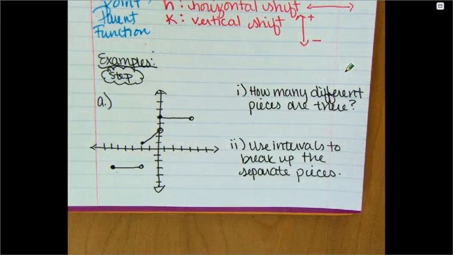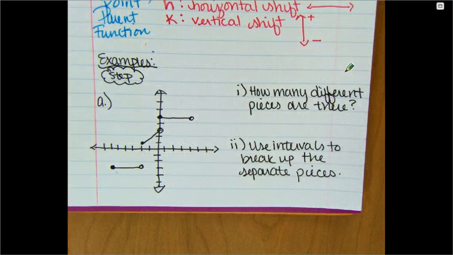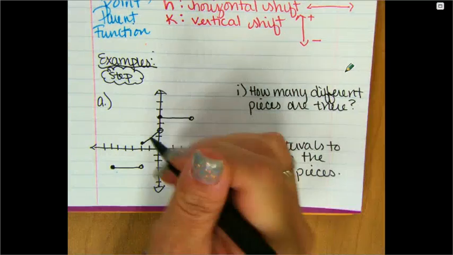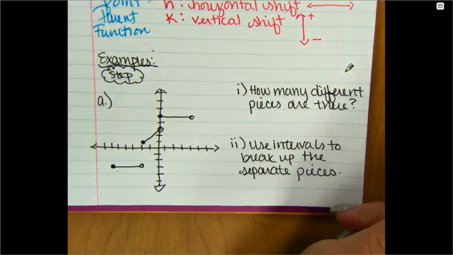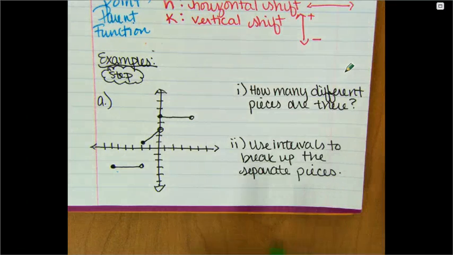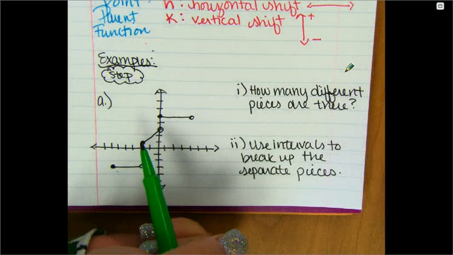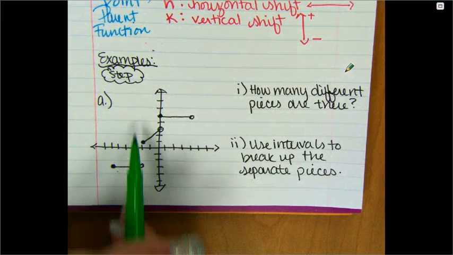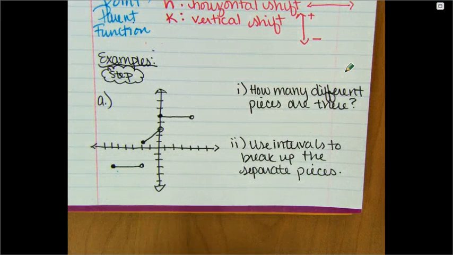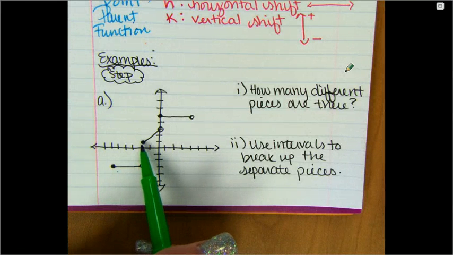Remember I said step looks like a staircase in a way. Think of it as a staircase. There's steps kind of going along the way. I do have closed circles and I do have open circles or points. There's a reason for that. For it to be a function, remember it has to pass a vertical line test. And a vertical line test draws a line straight up and down. And if it goes through more than one point, it's not a function, correct? This is still a function because notice this one, it counts as the point.